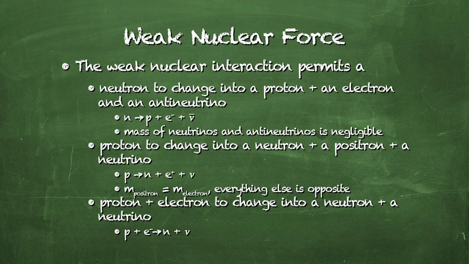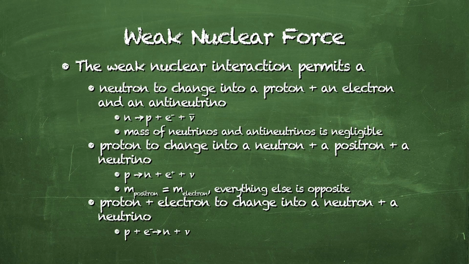Now, a similar reaction would be a proton changing into a neutron plus a positron plus a neutrino. A positron is an anti-electron, and we're going to write that with e+. So this reaction is p for a proton becomes n for a neutron plus e+, that's a positron.